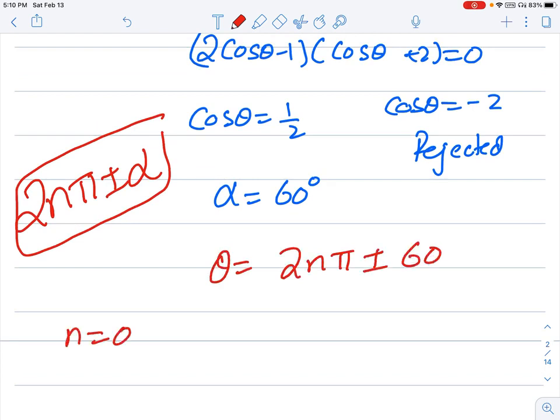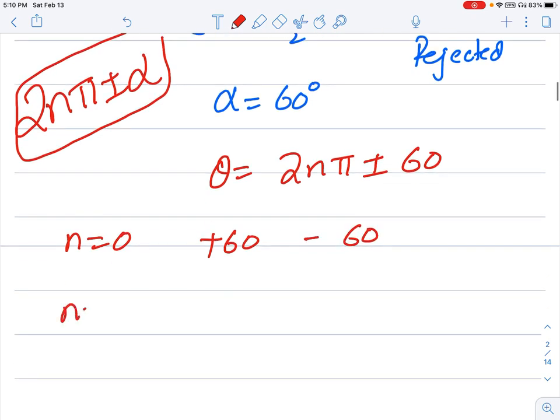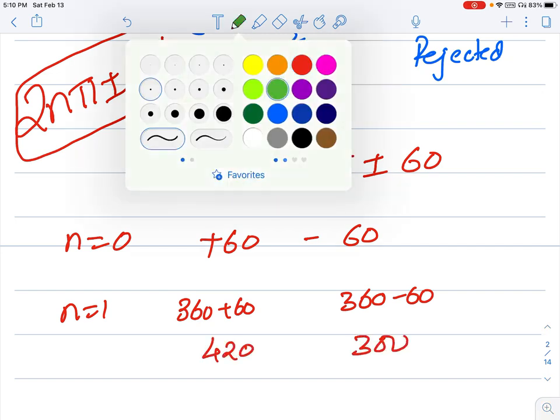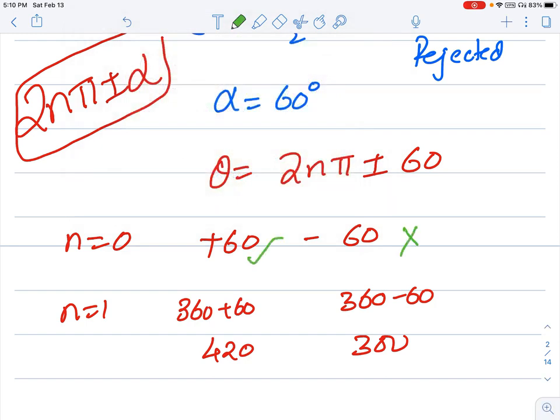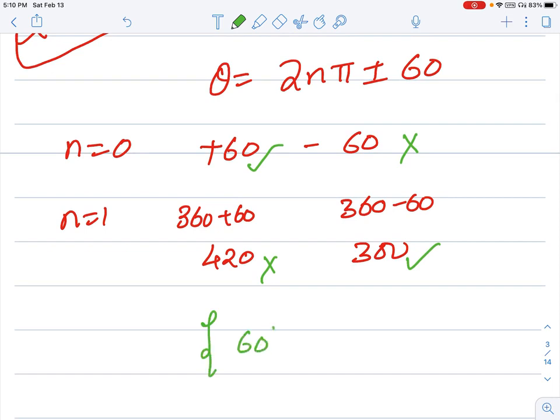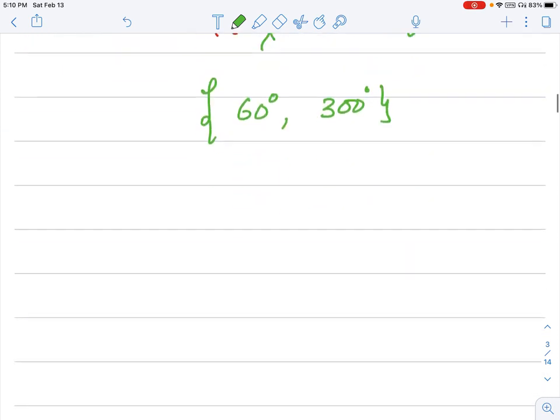Substitute n is equal to 0, you get plus 60, minus 60. n is equal to 1: 360 plus 60, 360 minus 60, which is 420 and 300. So my final answer: 60 is considered, negative 60 not, 420 not, 300 correct. So my final answer will be 60 degrees and 300 degrees. I don't go for n equal to 2 because it will obviously be more than 360 degrees.